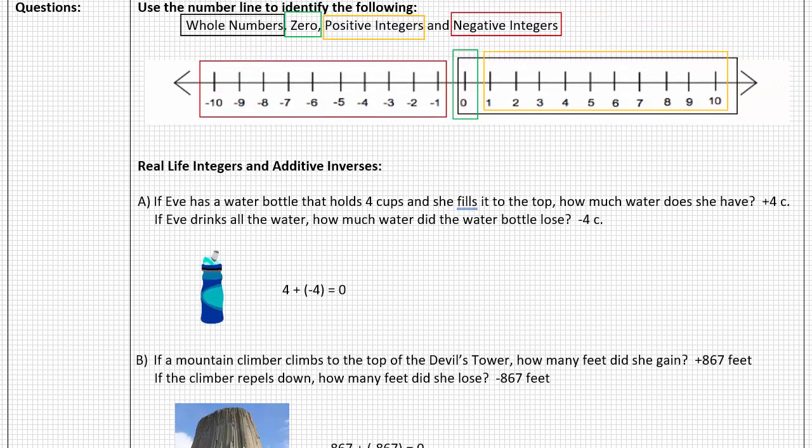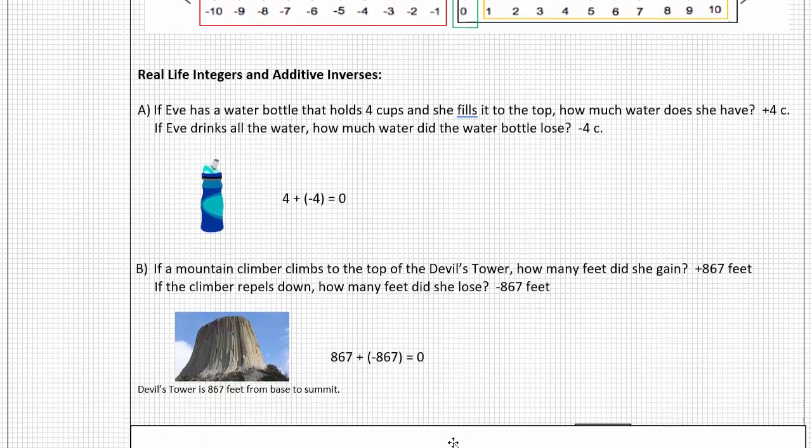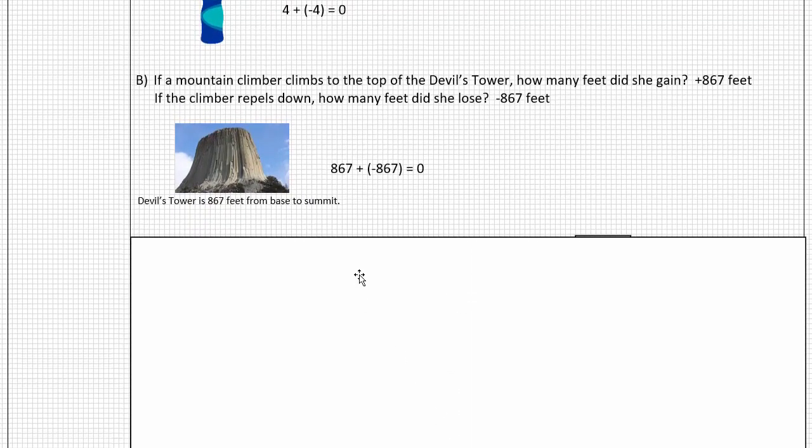We started here at the base, went up where we had done nothing, and then went up 867 feet, and then lost 867. If we combine those two actions, we're back to 0. So let's look at one more last example and see if you can figure out the answer to the question that was asked in our essential question: which integers combine to make 0?